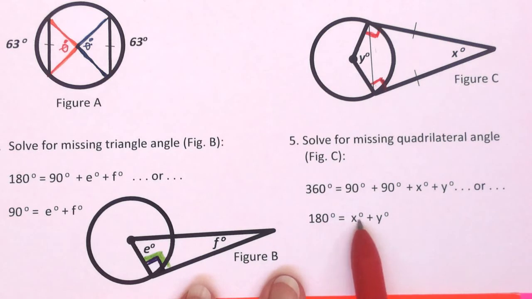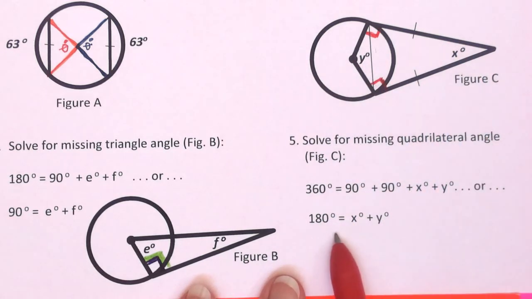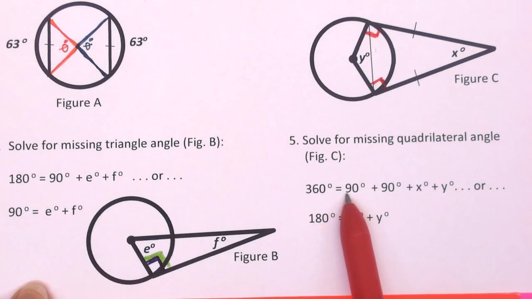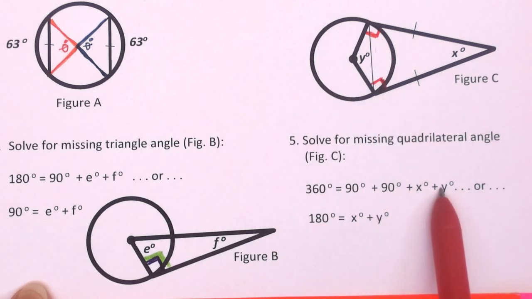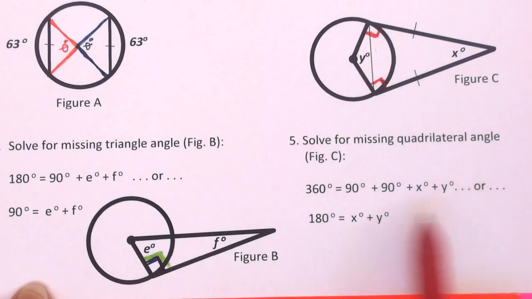So what it means is x and y that are opposite each other will always be supplementary. That math may be helpful. All quadrilaterals add up to 360 degrees. So this is showing you 90 plus the other two angles. But the easiest thing to do is say those two are opposite each other. They're supplementary. 180 minus one gives you the other.